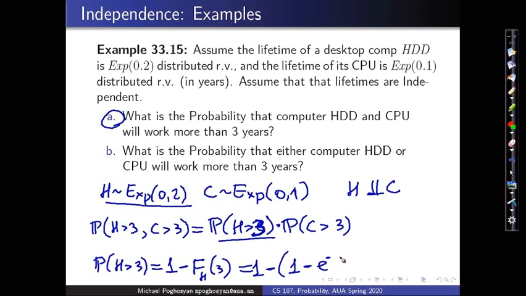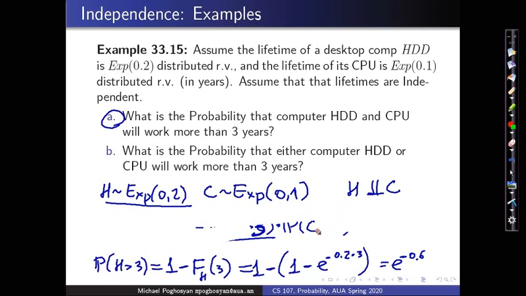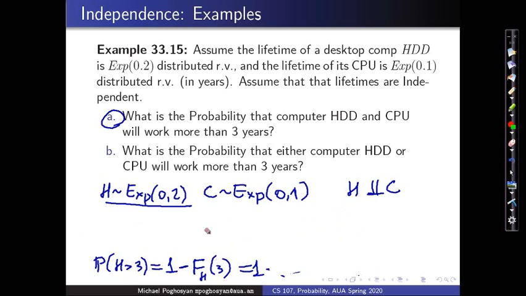Lambda is 0.2 and x is 3. So I will have e to the minus 0.6. In a similar way, I can calculate this and multiply to obtain the requested probability. Now for the B part, so erasing this. For the B part, I have the following.